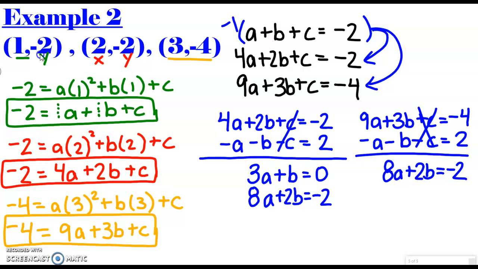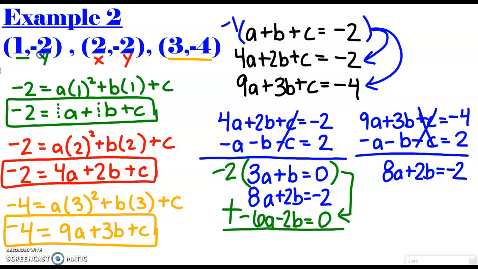So I'm going to go elimination, multiply the top equation by negative 2. I'll just move it down here. That gives me negative 6a minus 2b equals 0. So then when I add those up, b's are gone. I've got 2a equals negative 2. So I find out that a is negative 1.